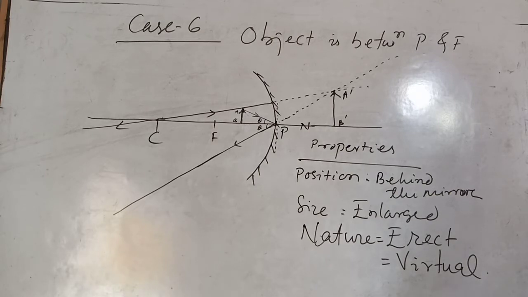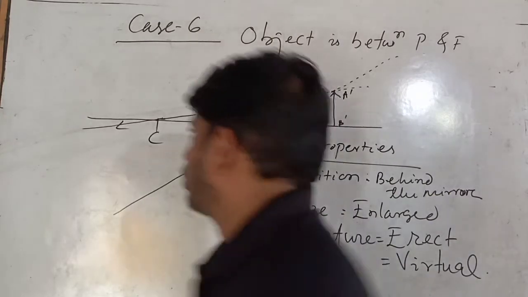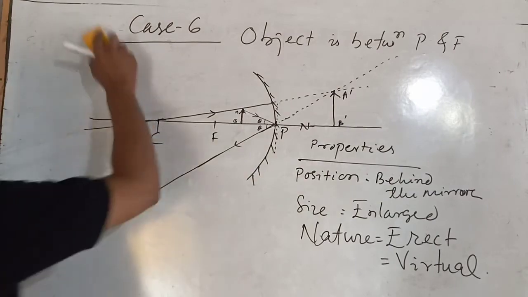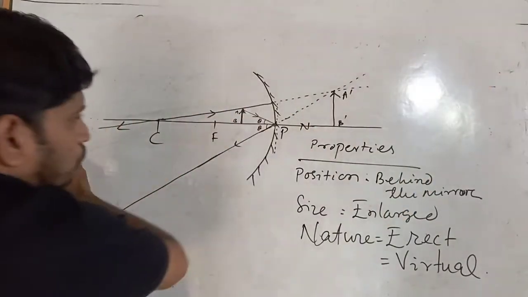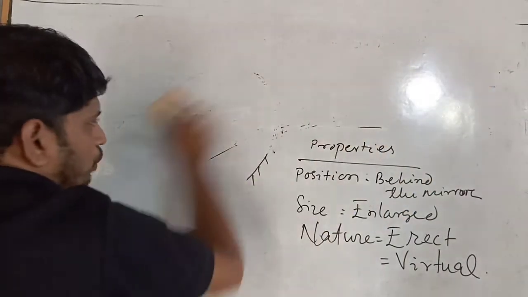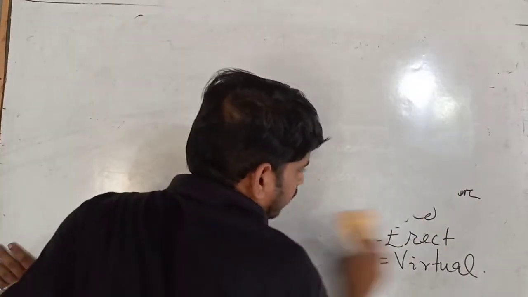For convex, you have not drawn. You have not drawn for convex. That is in your book. It's ready. Have you written? If you have not written, pause it and draw it and write. You have seen it in the book.